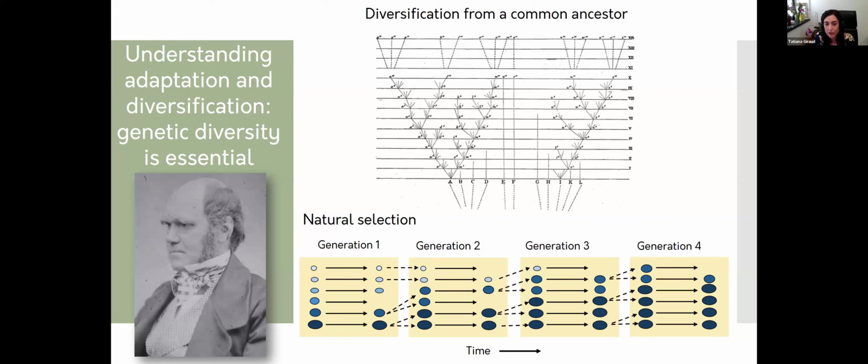There are two components in Darwin's theory that we can apply to our mold and to domestication in general: within-population adaptation, which needs genetic diversity to occur, as natural selection sorts the most performant alleles among diversity, and also diversification, so how you can generate different varieties from a common ancestor.